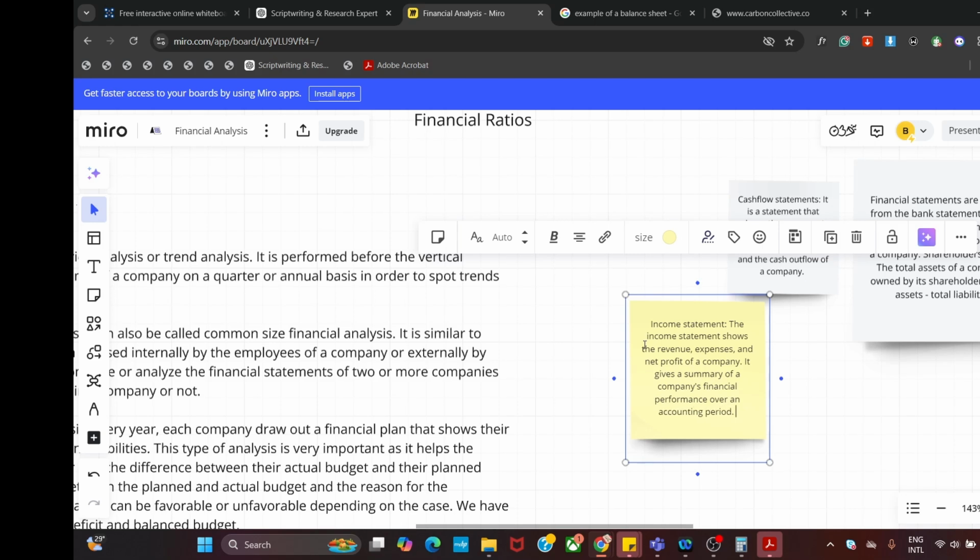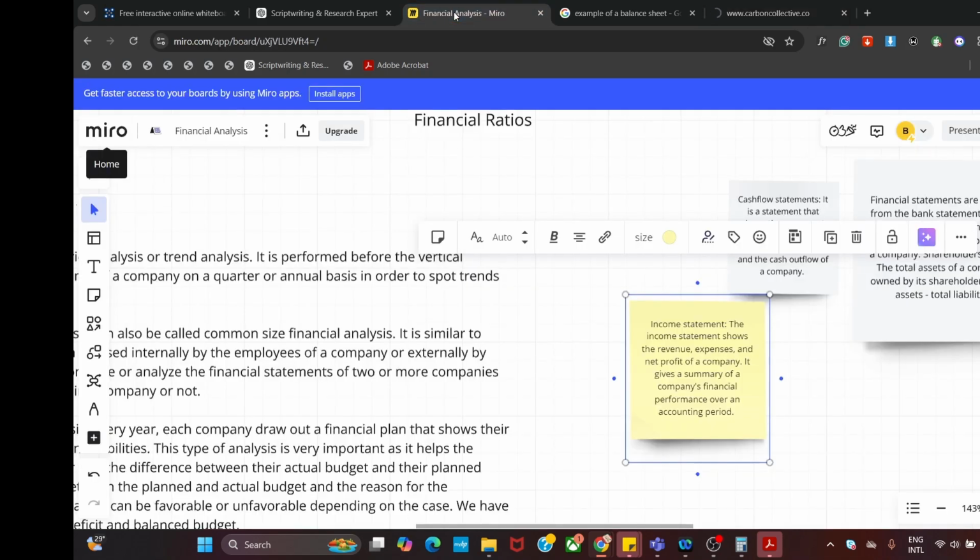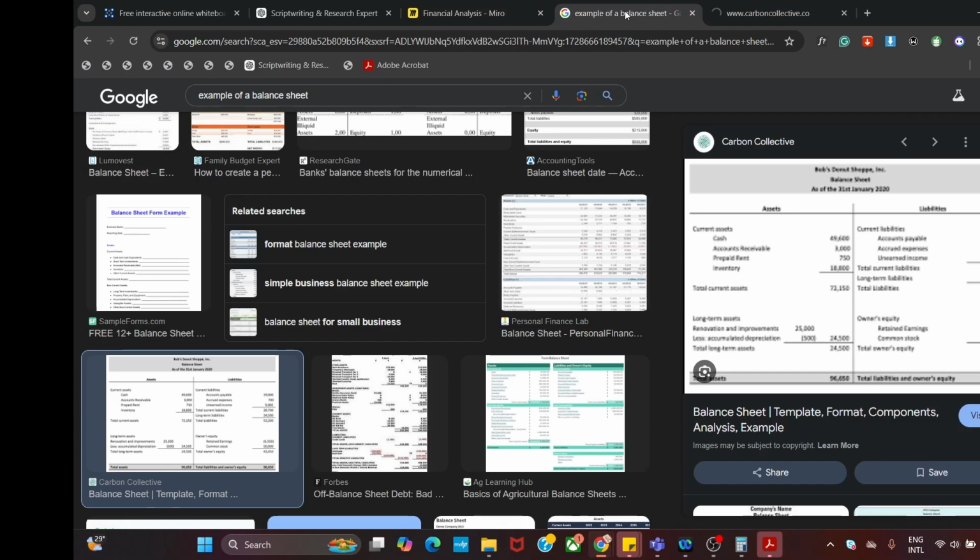So the income statement shows if a company made a profit in a given accounting year or not. That is where you see the total expenses of the company, and the total income that the company made for a given accounting year. That is what the income statement is all about.